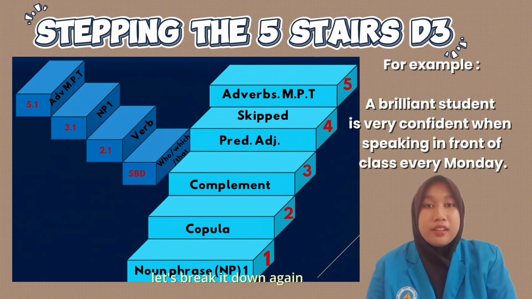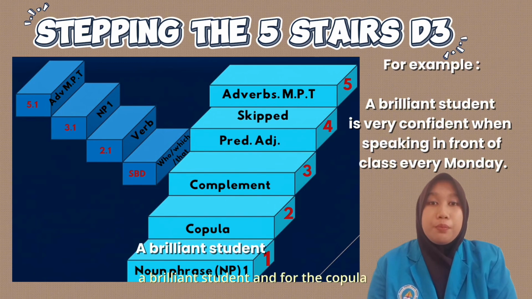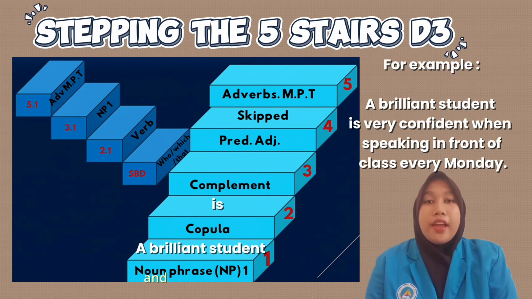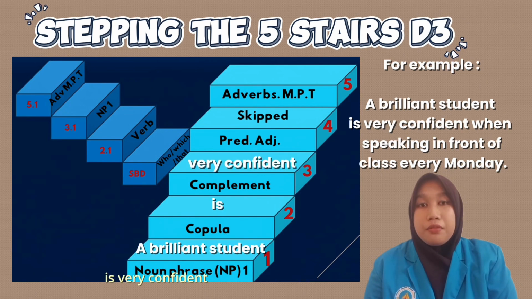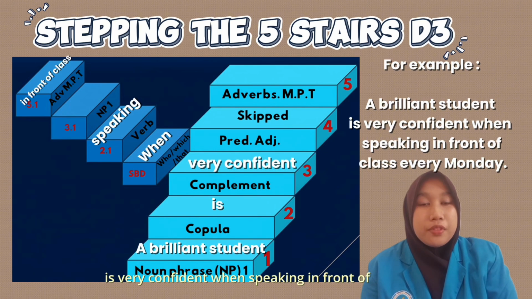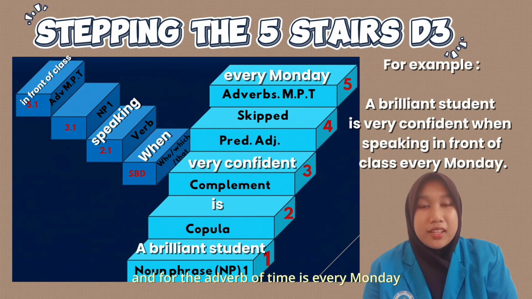Let's break it down again. The NP1, a brilliant student, the copula is, and the complement with the small staircase is very confident when speaking in front of the class. And the adverb of time is every Monday.